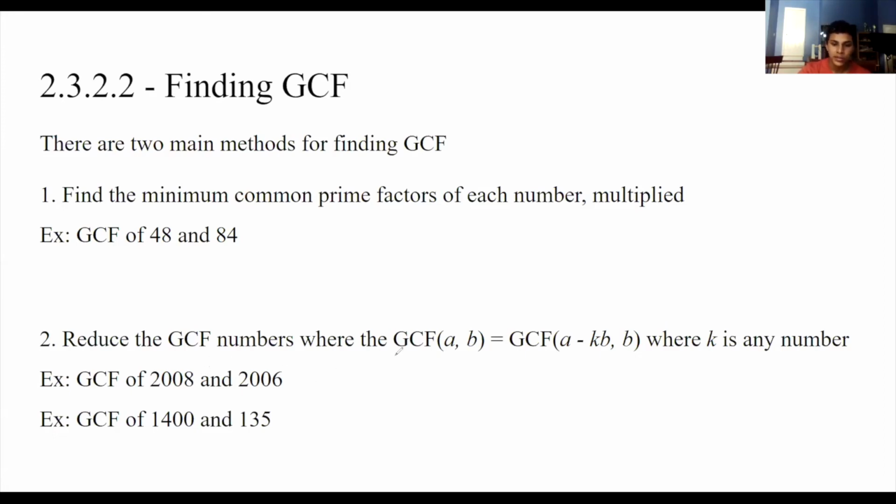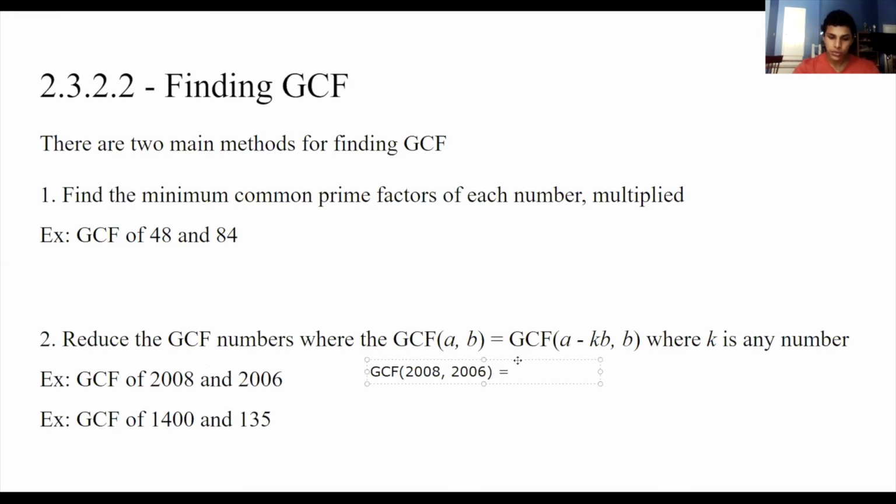So the GCF of two numbers, A and B, in this example, my two numbers are 2008 and 2006. Generally, you want to put your larger number as A. So 2008 would be my A, and 2006 would be B. This means find the greatest common factor of 2008 and 2006.